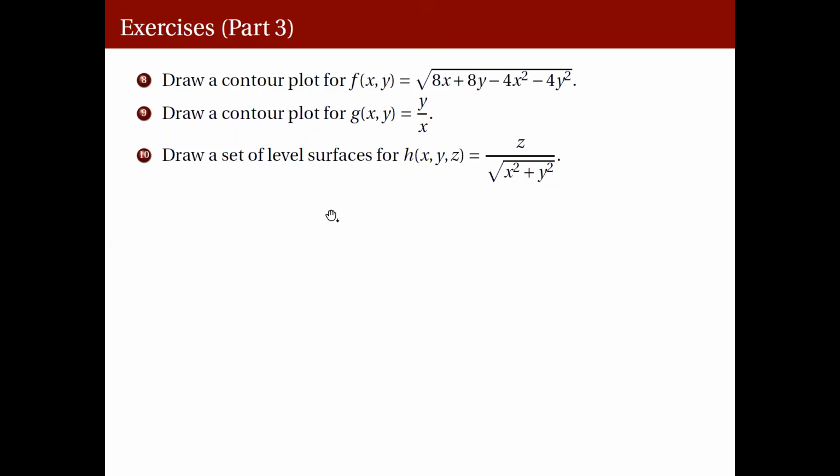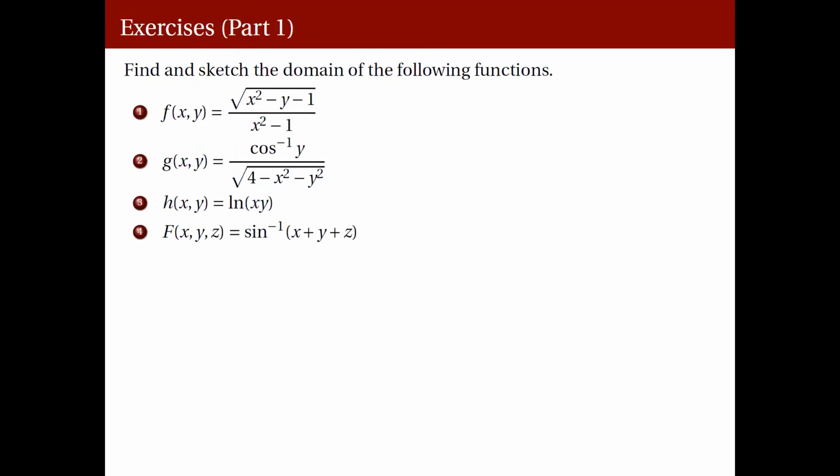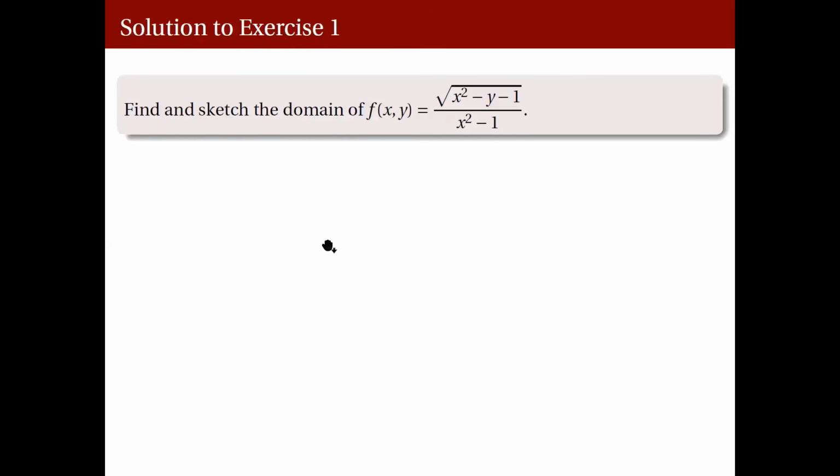All right, so let's start by looking at the domain and its sketch for f of x, y equal to the square root of x squared minus y minus 1, all over x squared minus 1.